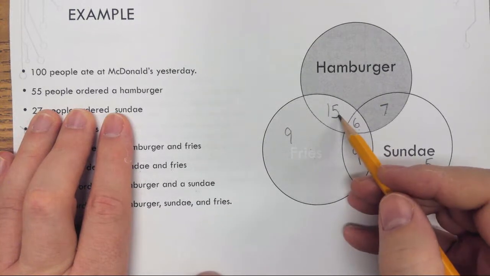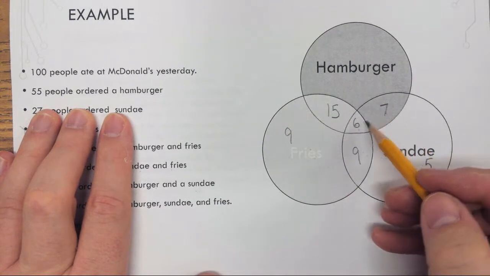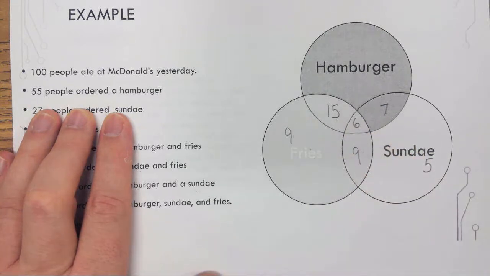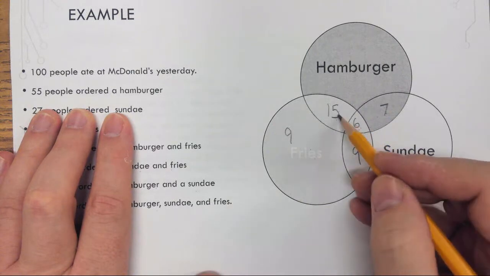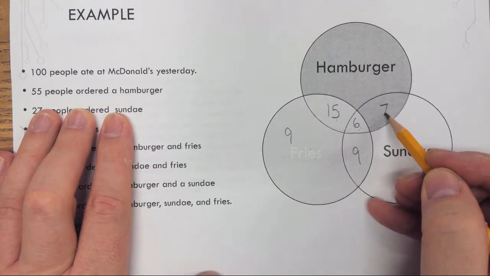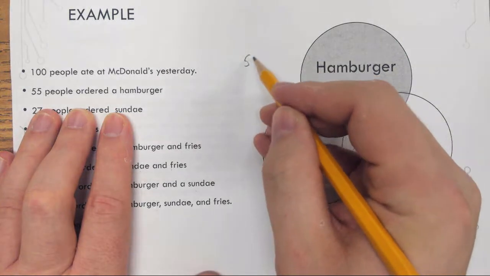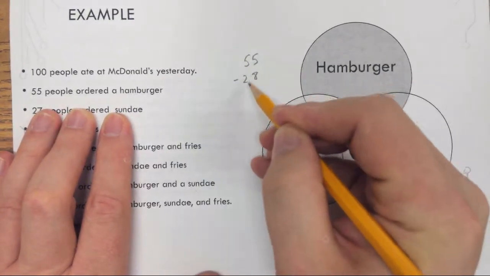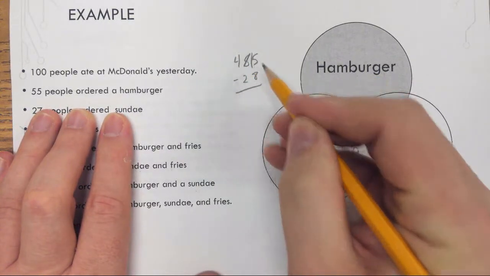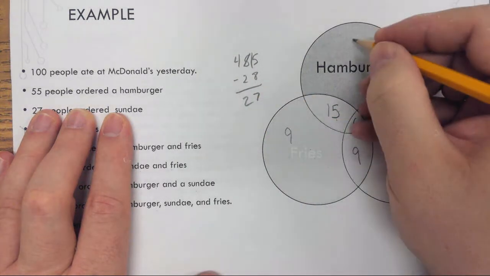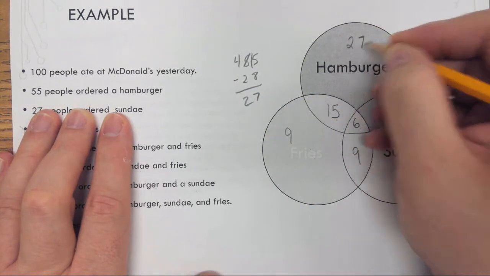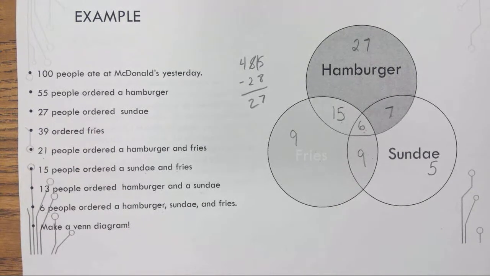Well, 15 of them ordered fries, 7 of them ordered a sundae, and 6 ordered fries and a sundae. So that's 15, 6 is 21, plus 7 is 28. 55 minus 28, we might have to do that by hand, 27 people just ordered a hamburger. Okay?